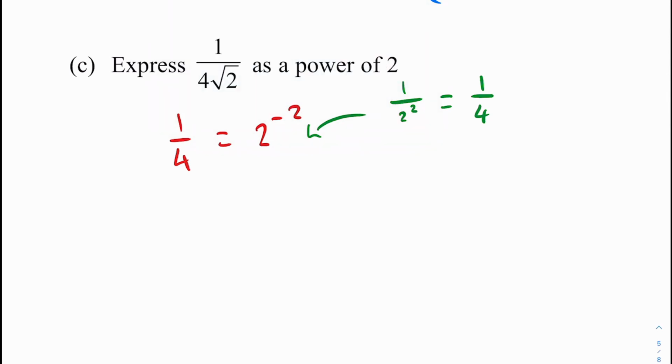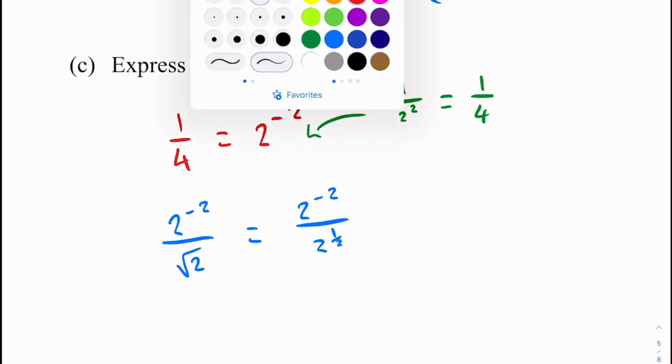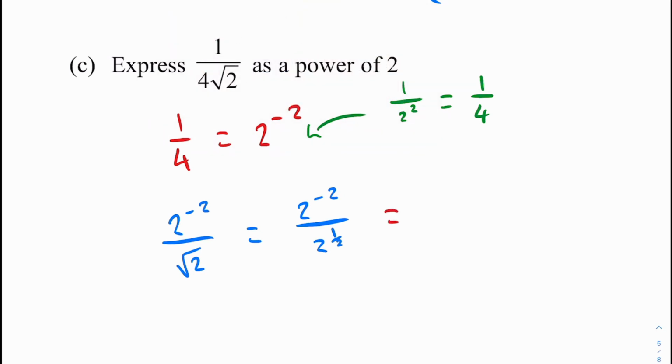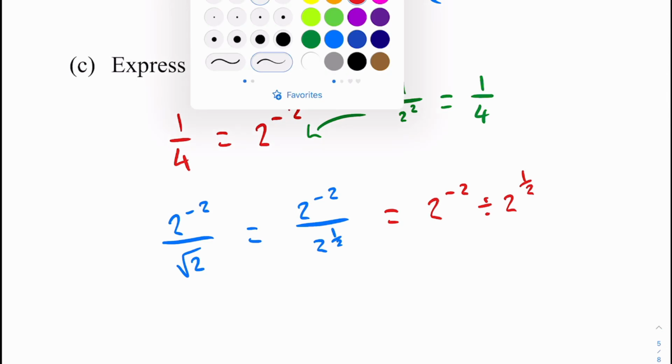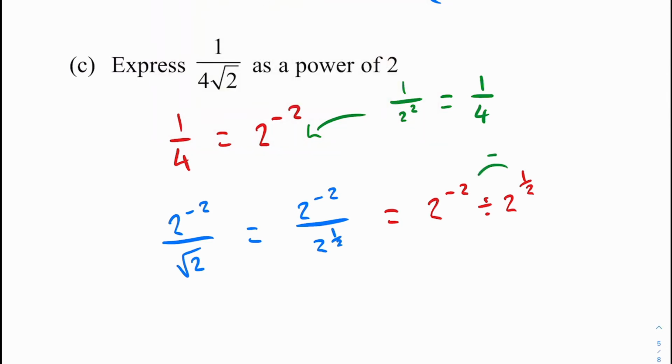So what we've then got is 2 to the power of negative 2, and on the bottom of our fraction we've got root 2. So this is equal to 2 to the power of negative 2 over 2 to the power of 1 half, and we can then rewrite this to make it a bit easier for ourselves as 2 to the power of negative 2 divided by 2 to the power of 1 half, and then all we have to do is subtract the powers.